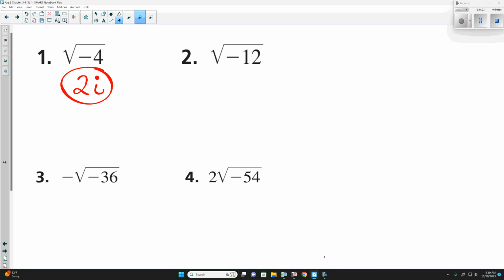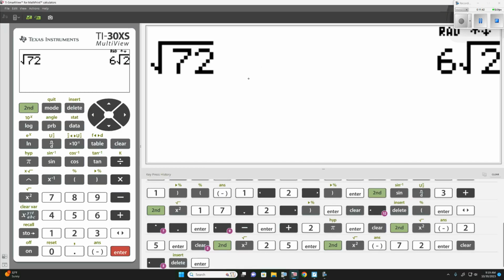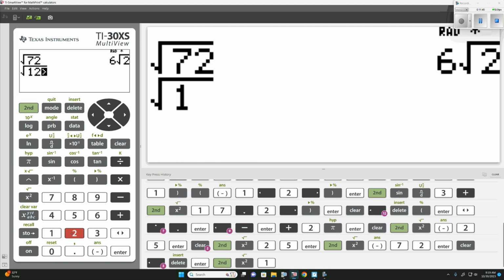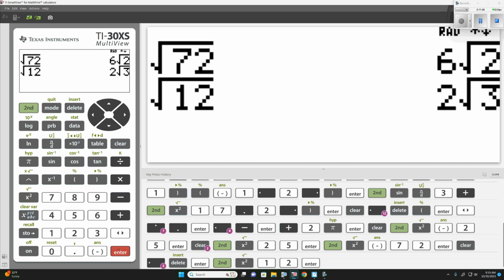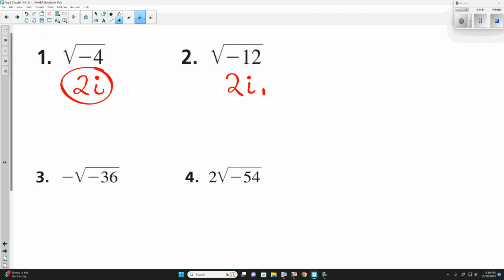Square root of 12 is not nice, but I do know the negative will come out as i, yes? Now the 30X, the one that does reduce radicals, cannot handle negatives inside of a radical. But I know the negative is going to come out as i. So now I can put it in the other calculator as the square root of 12. So 2 square roots of 3, we plug it back in with i. So 2i square roots of 3. So we get how this works, yes?